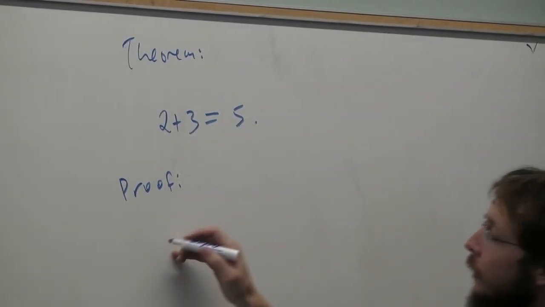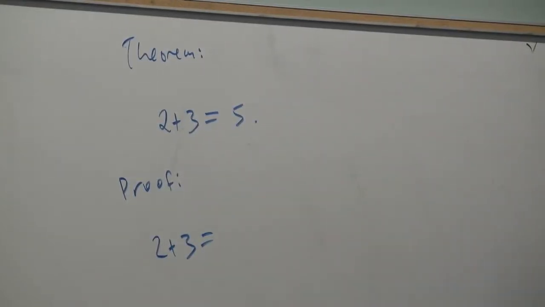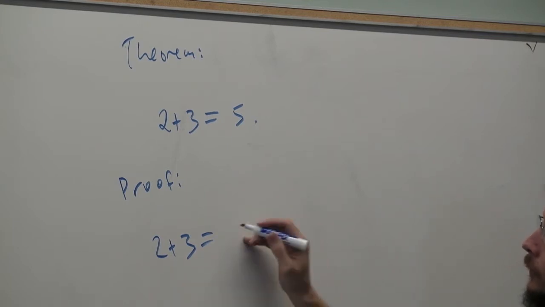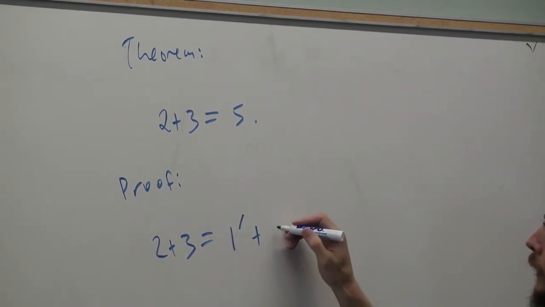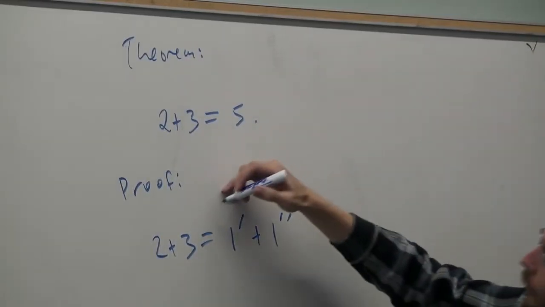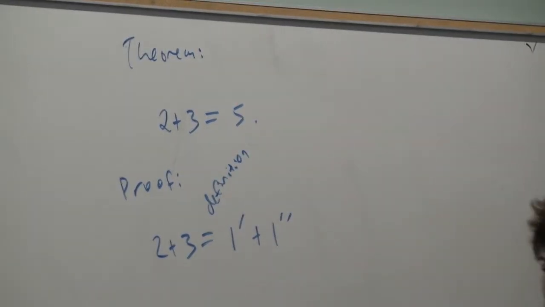So let's start with 2 plus 3. Then we know that these symbols have a certain meaning, right? What is 2? One successor, and what is 3? Exactly, okay. And that's just by definition.